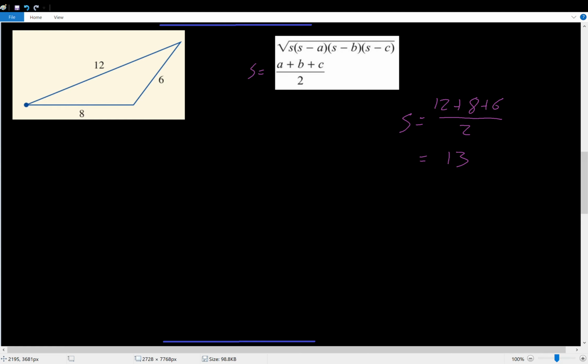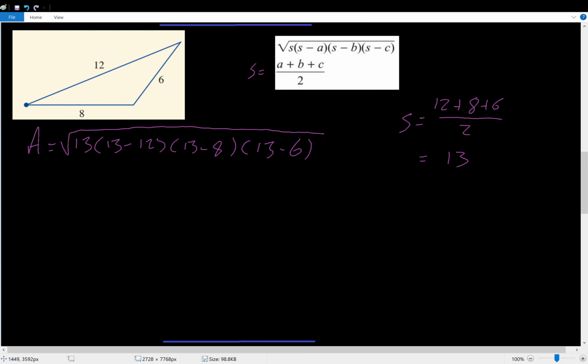So now we can calculate our area, filling in all the information we have. So it's going to be 13 times 13 minus 12 times 13 minus 8 times 13 minus 6, and that all goes under a square root sign, like that.